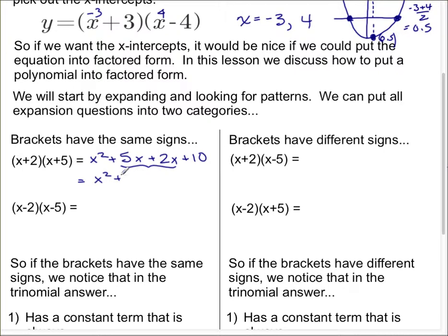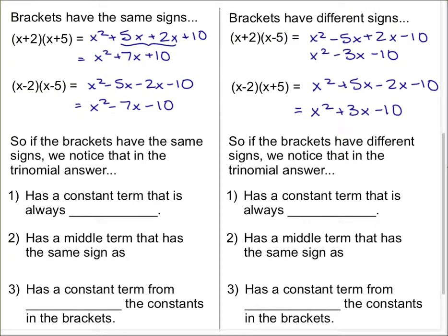So x squared plus 7x plus 10. Now I'm just going to quickly do the rest of them like this, and we're going to take a look at some patterns. These are the things we're going to see if we can fill in the blanks about for these two different categories.